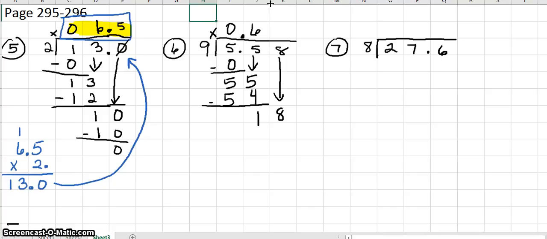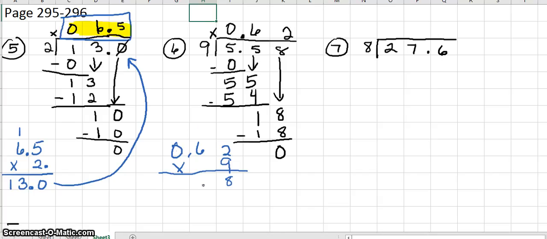What times 9 will get me to 18? 2. 2 times 9 is 18. And I subtract and I get 0. So now I'm ready to check my answer. I check my answer by taking my quotient, 62 hundredths, times my divisor, 9. 9 times 2 is 18, carry my 1. 9 times 6 is 54, plus 1 is 55.